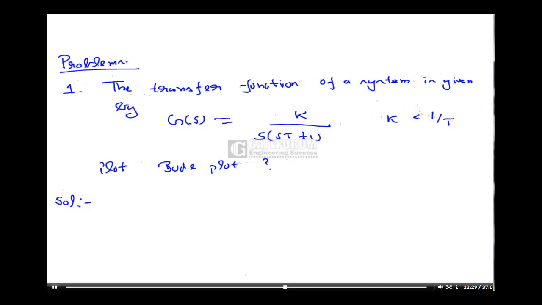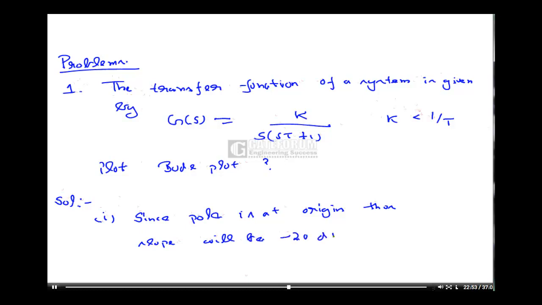Now write down the first point: since pole is at origin, thus slope will be minus 20 dB per decade initially.